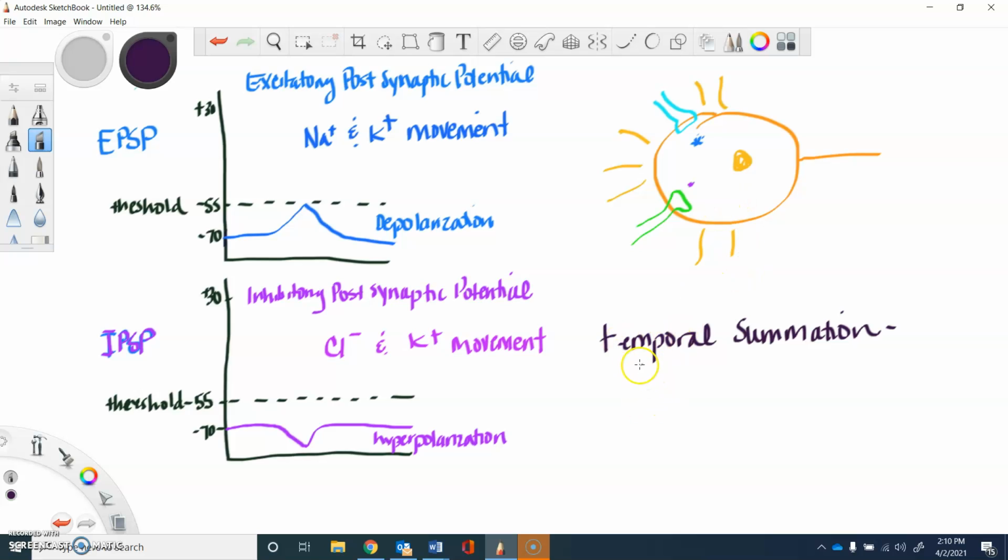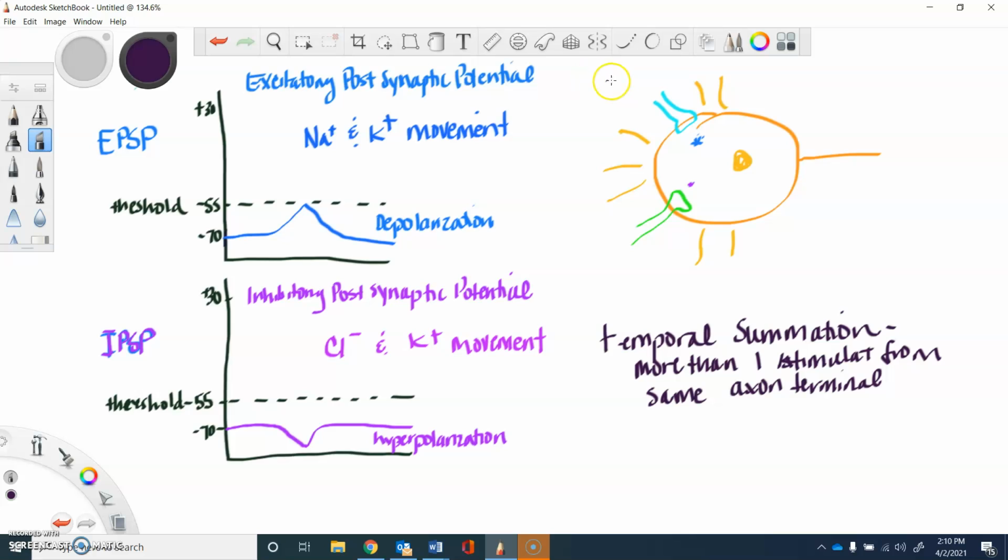So more than one stimulus from the same axon terminal.